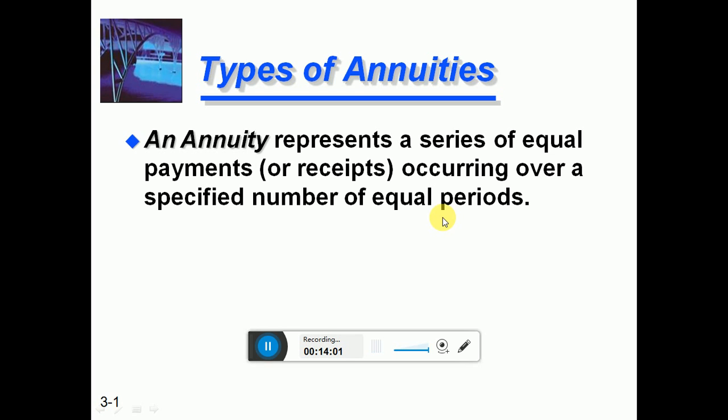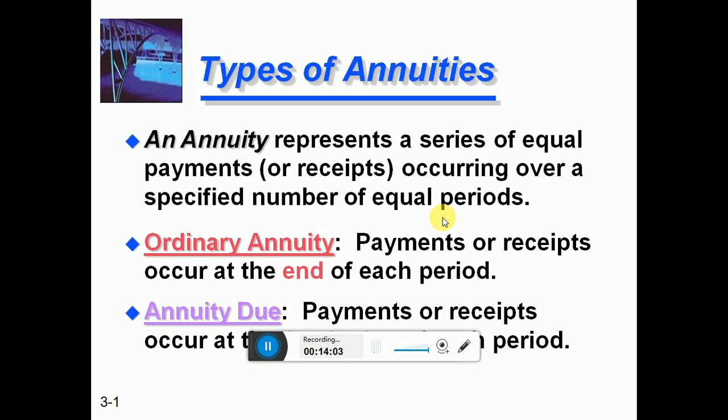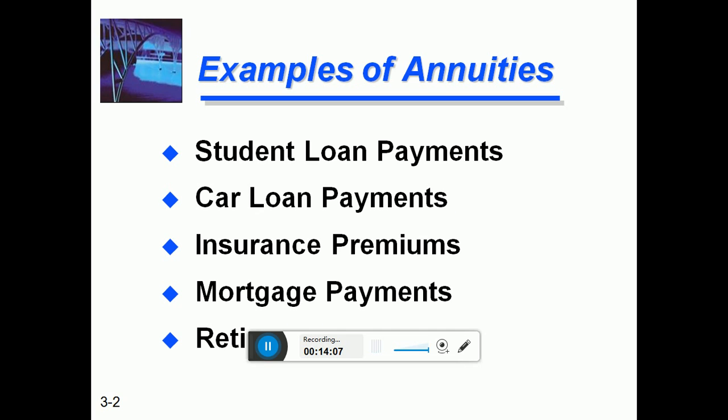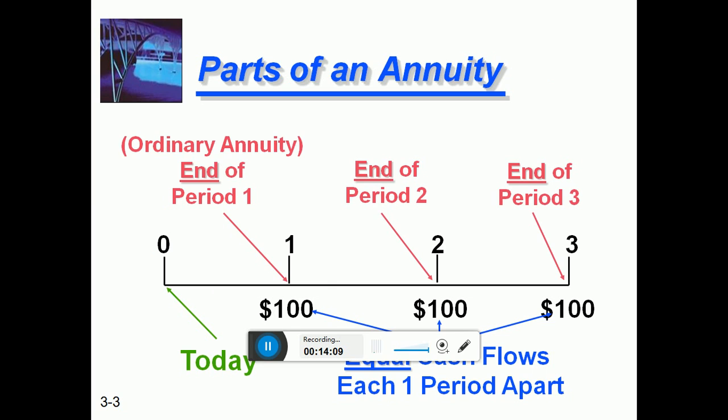So we discussed annuities, then two types of annuities, then examples of annuity. Now see here, the parts of annuity, meaning ordinary annuity. Payment is made here. At the end of the first year we are making payment of $100. At the end of the second year we are making payment of $100.